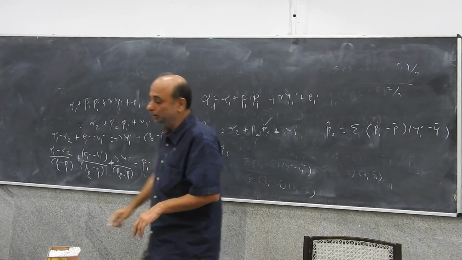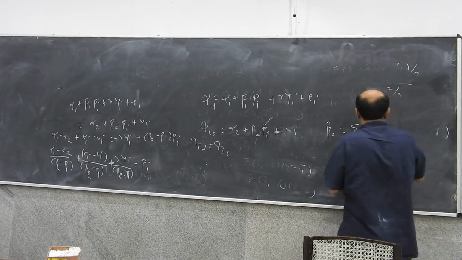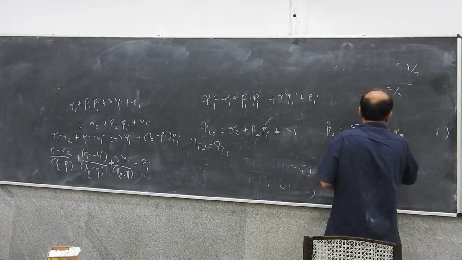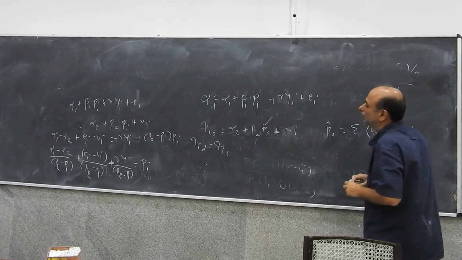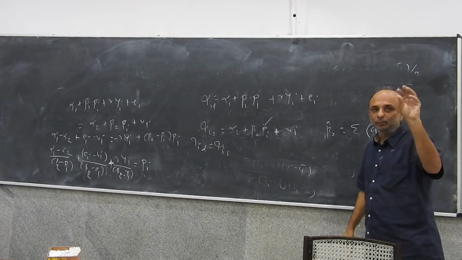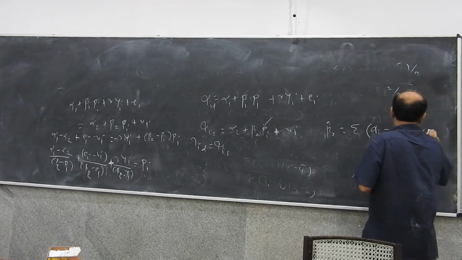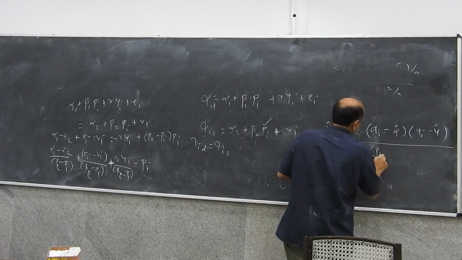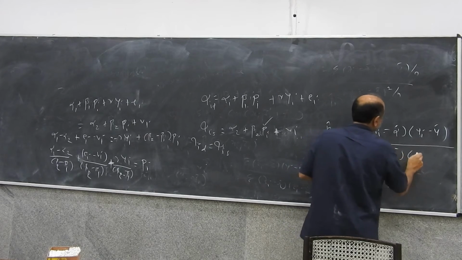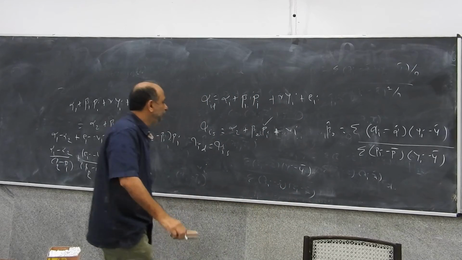So it has to be covariance xz, covariance yz, right? So it has to be this, the instrumental variable estimator for beta hat 2.